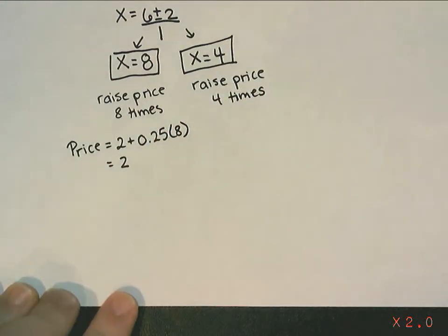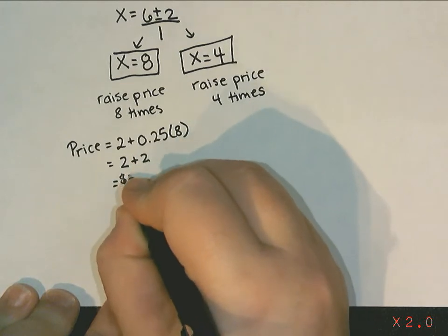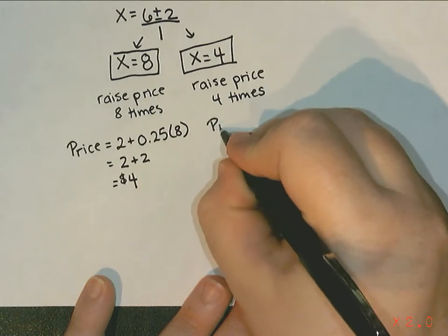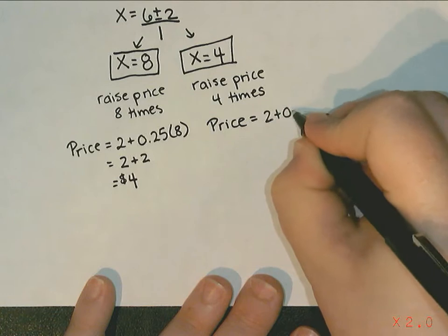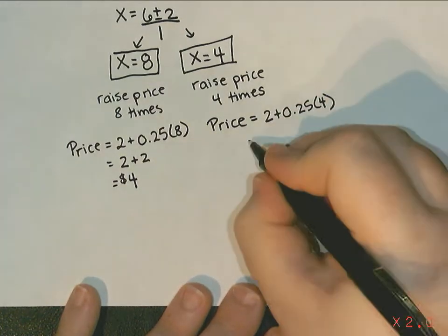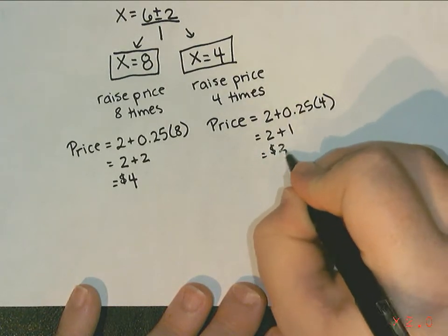So 25 cents times 8, that's another $2, which means they're going to charge $4 per cupcake. That's pretty pricey. Well, if we try the next one, I get 2 plus 25 cents times 4. So that's going to be 2 plus 1, which is $3 per cupcake.